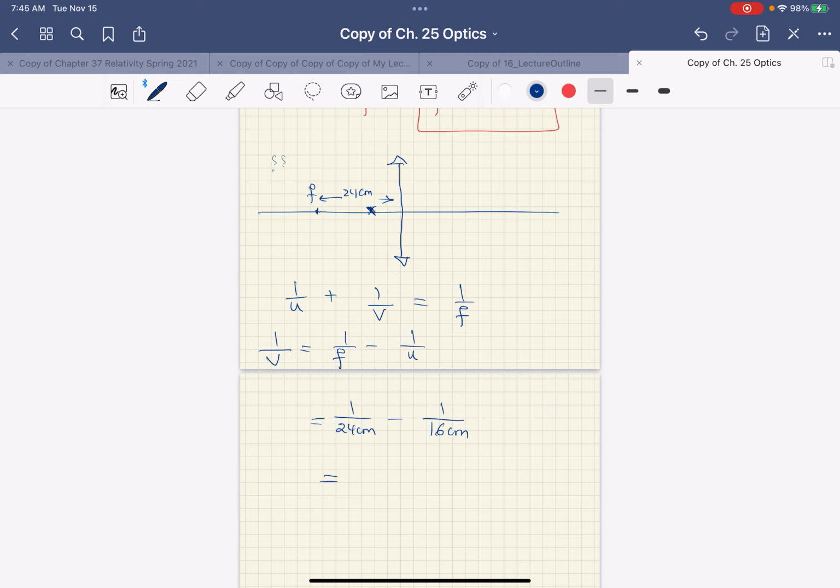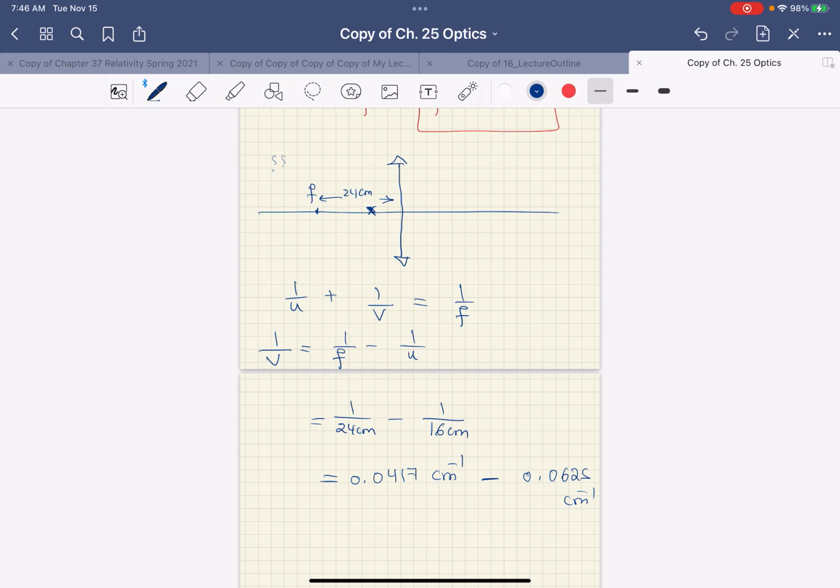That is 0.0417 minus 1 over 16, 0.0625, and of course it's going to be negative because it's on the same side.